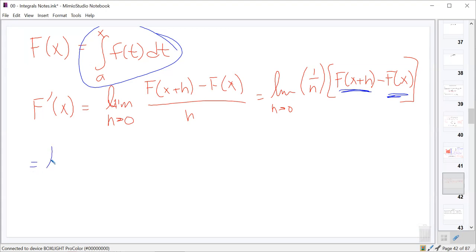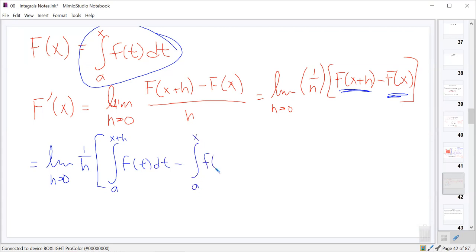So that'd tell us that this is now equal to a limit as h approaches 0 of 1 over h times, and then we'll have an integral from a to x plus h of f of t dt minus an integral from a to x of f of t dt as well.